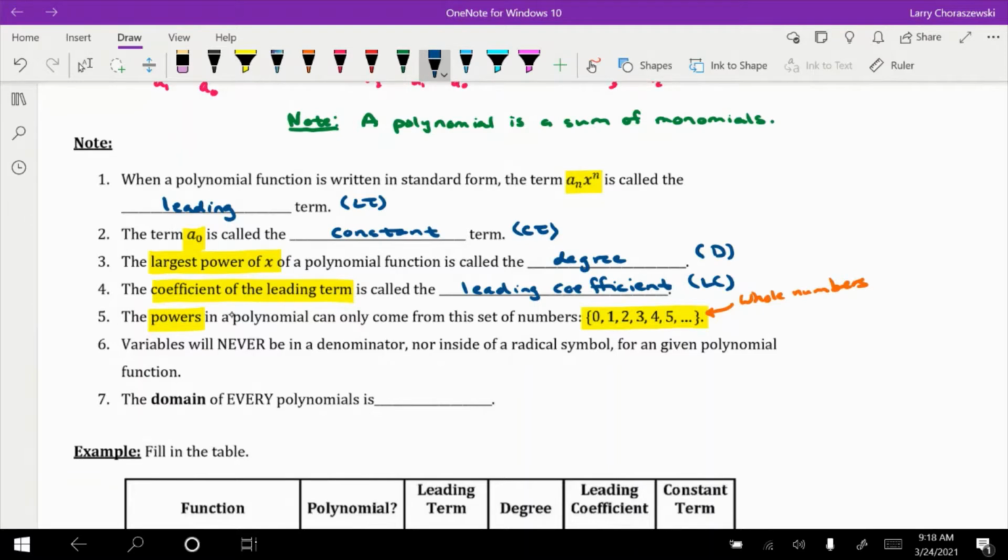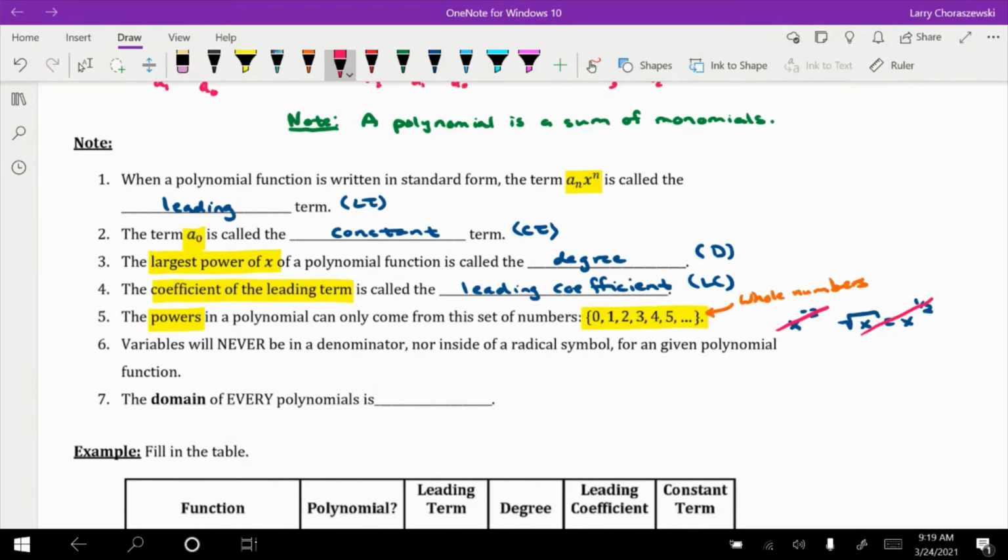So for example, things like x to the negative 2 power would not be allowed in a polynomial function, because negative 2 does not come from the set of whole numbers. Another thing that's not allowed in a polynomial function is something like a square root, because you could rewrite that as x to the power of 1/2. And so terms involving powers like this are not allowed in a polynomial function.